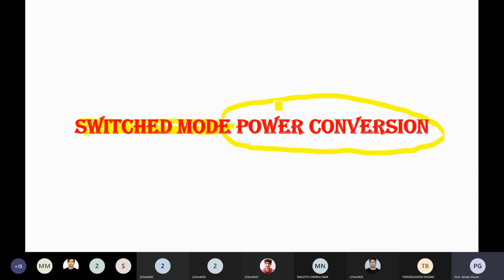Conserving the energy, you are transferring the power from one end to another, in simple terms input side to output side, or line side to load side, or load side to line side, vice versa, whatever the process is.